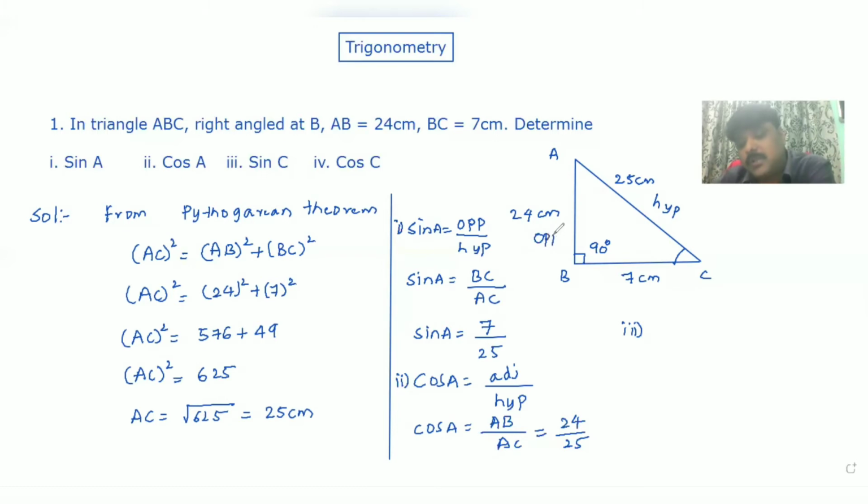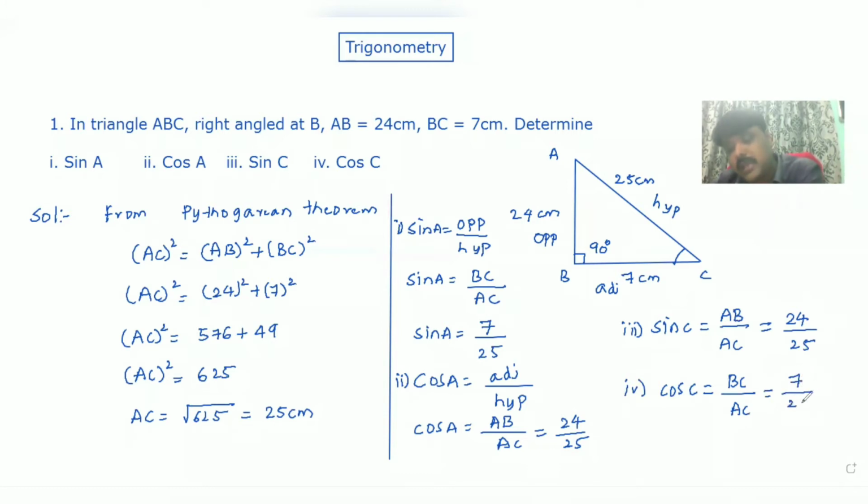This side becomes the opposite, and adjacent is BC. Hence sine C equals opposite, that is AB, by hypotenuse AC, which is 24 by 25. Cos C is adjacent to C by hypotenuse. Adjacent to C is BC by hypotenuse AC, which equals 7 by 25.